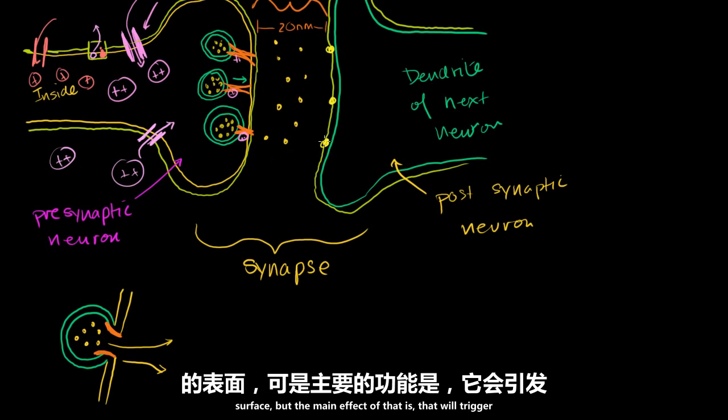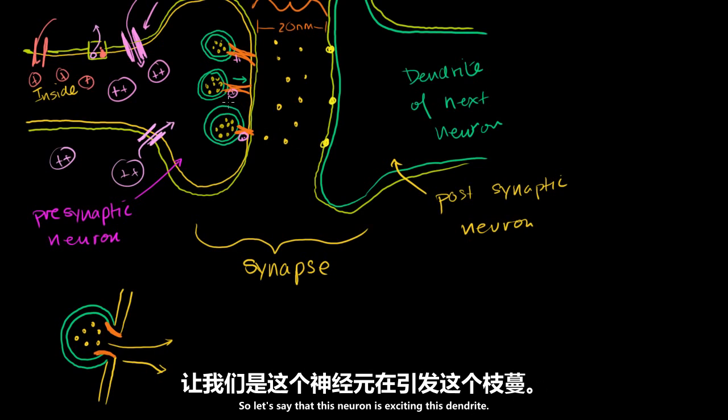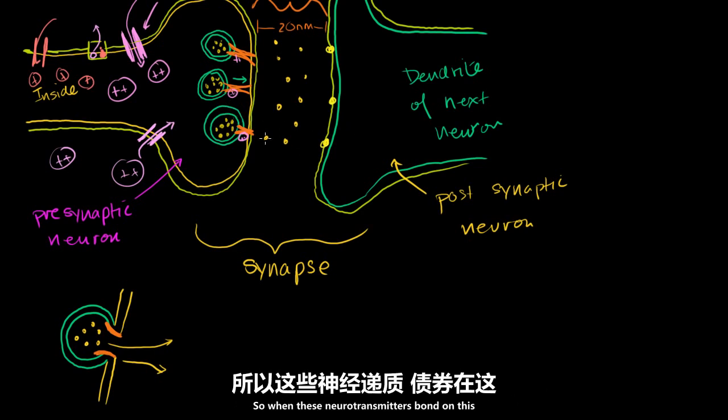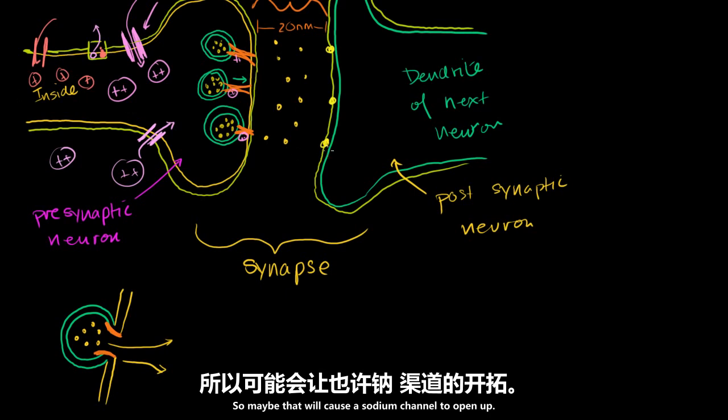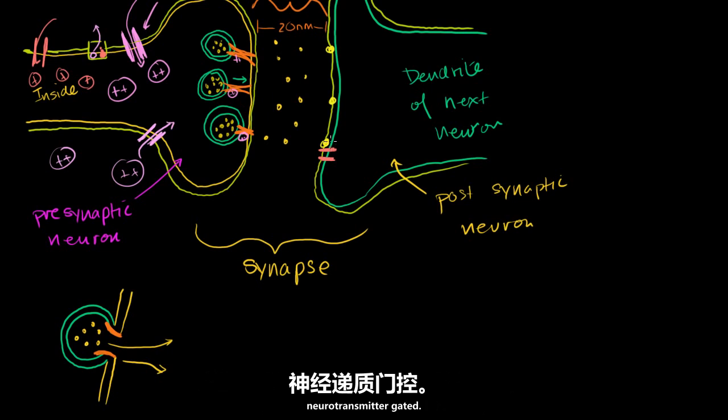But the main effect of that is that it will trigger ion channels. So let's say that this neuron is exciting this dendrite. When these neurotransmitters bond on this membrane, maybe sodium channels open up. So instead of being voltage gated, it's neurotransmitter gated.